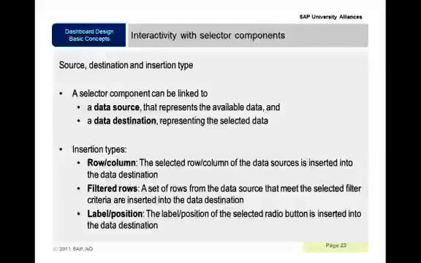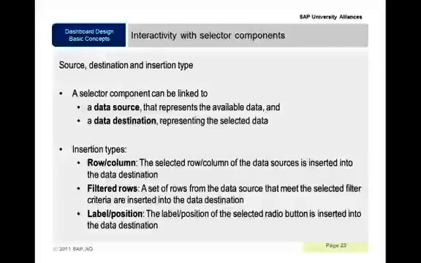In the example you just saw, the data destination will be the range that was defined for the bar chart earlier, because your bar chart needs to have some data to show the bars. So the data for the bar chart is the data destination for the selection. We also have several insertion types.